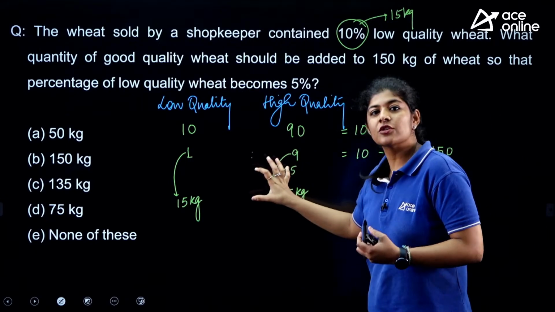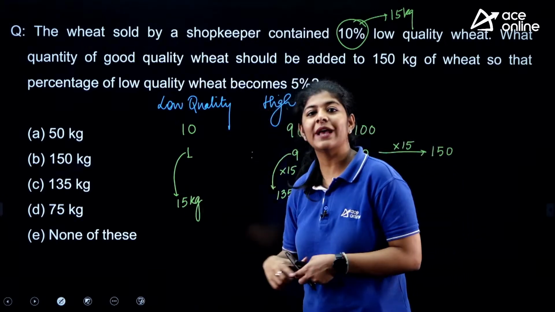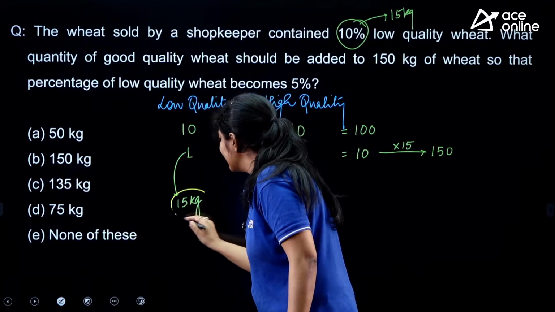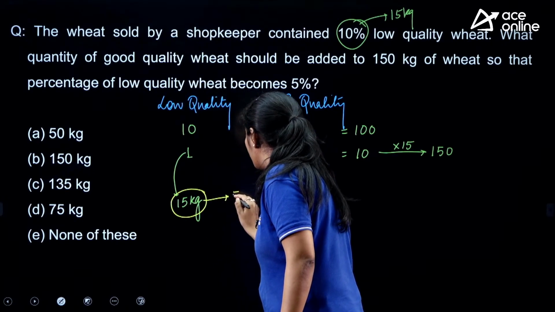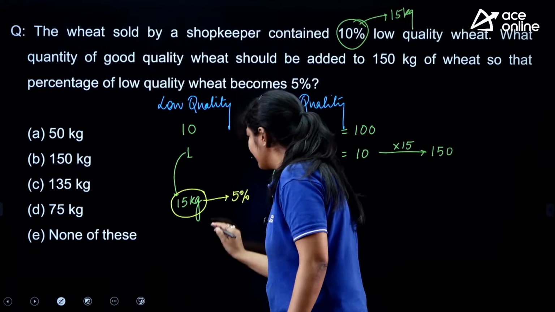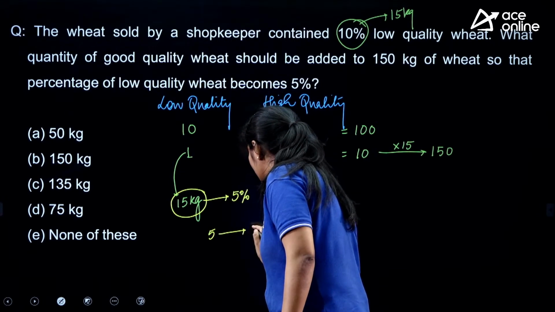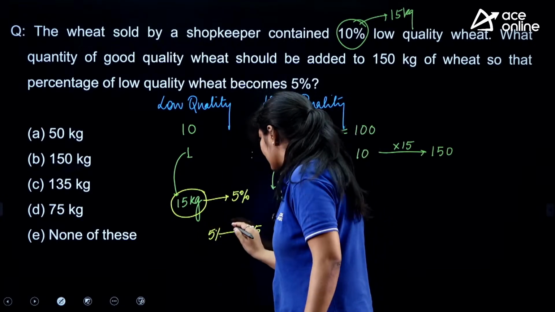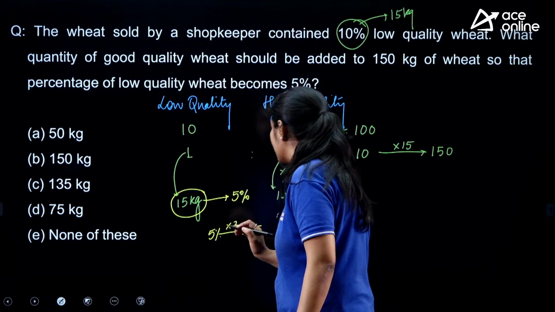Now the question is saying how much good quality wheat I need to add so that I can make this value 5%. So the question wants this value to be equal to 5% in the final resultant. That means it is a multiple of 3.